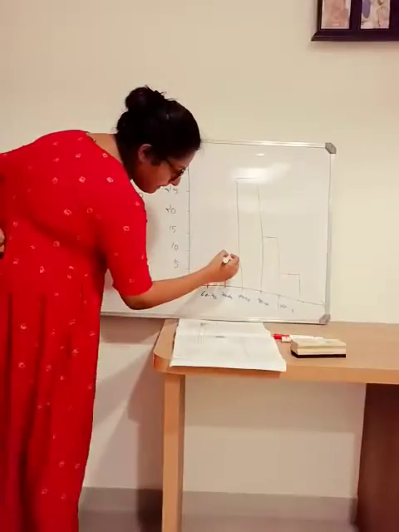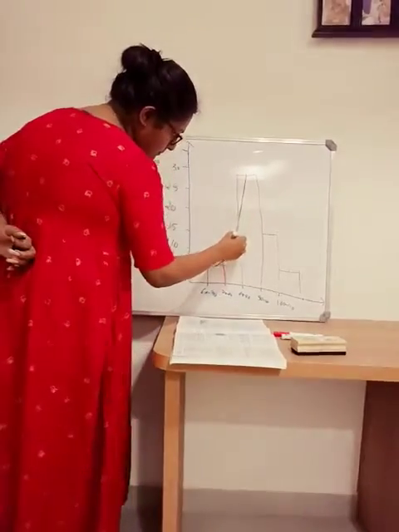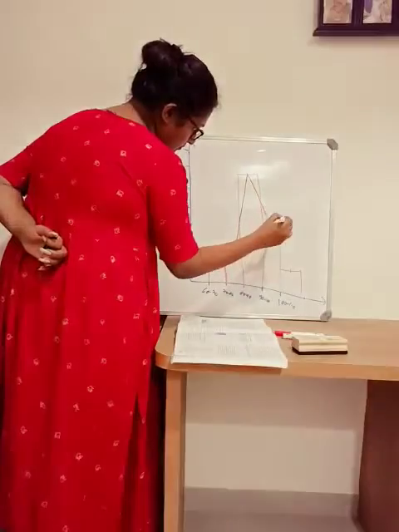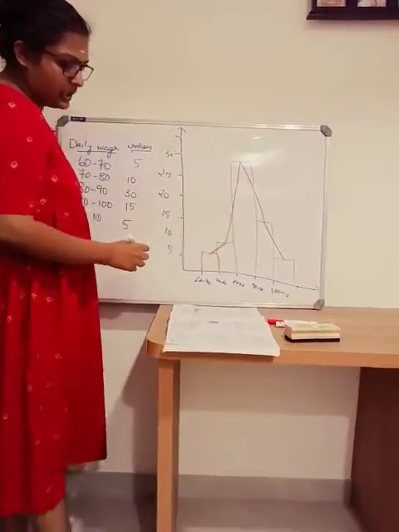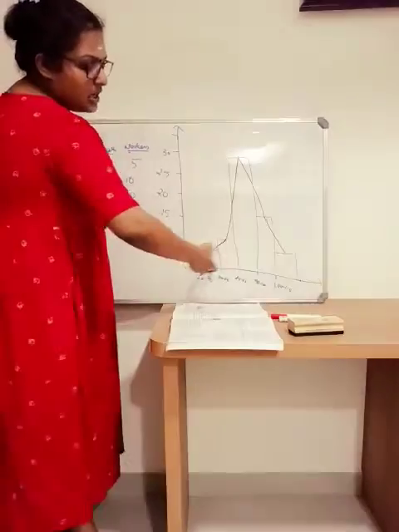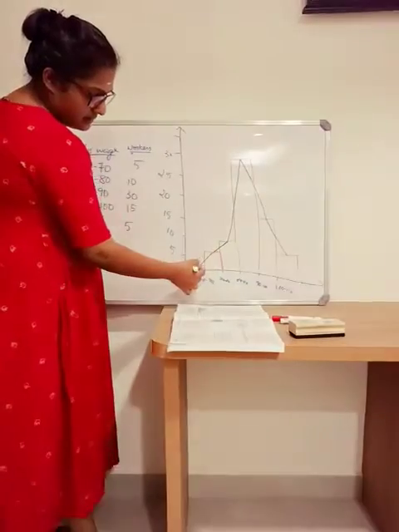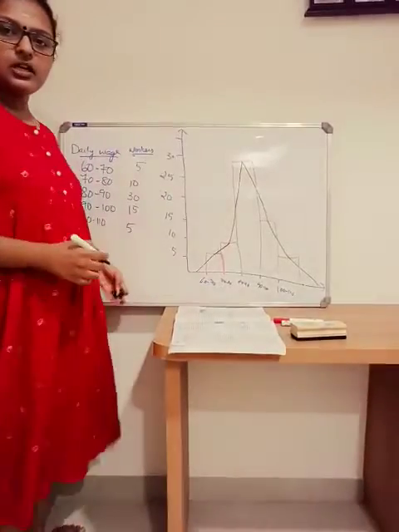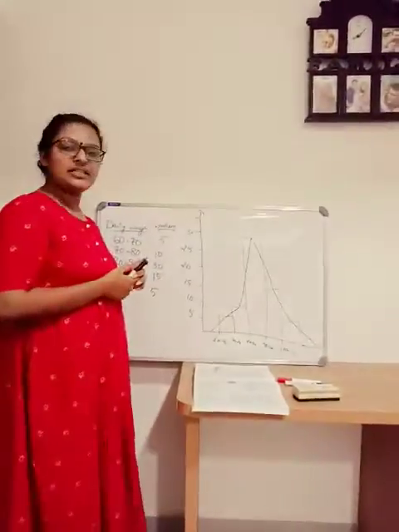Now this has to be touched on the x-axis, so just extend it like this. Understood? Now it looks like a polygon, right? So this is the frequency polygon.